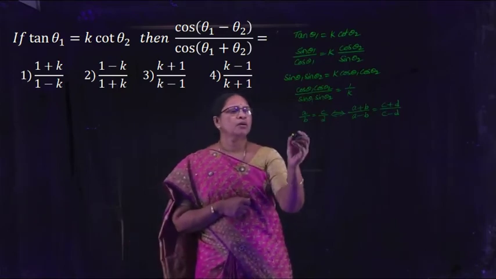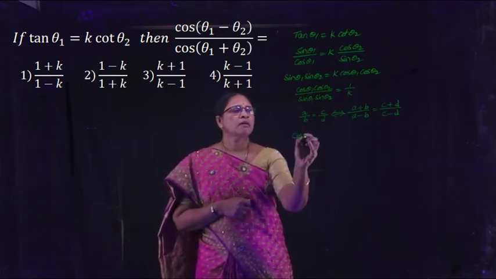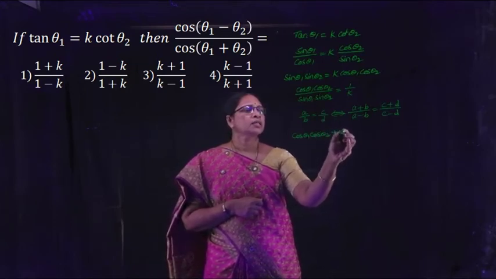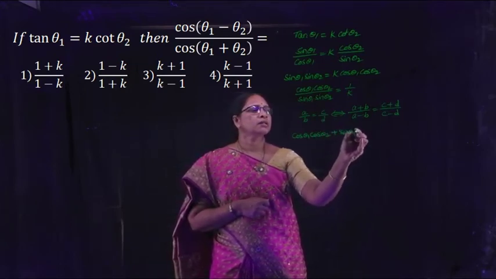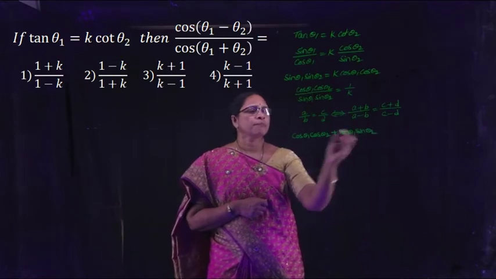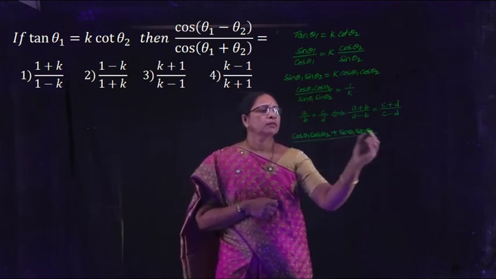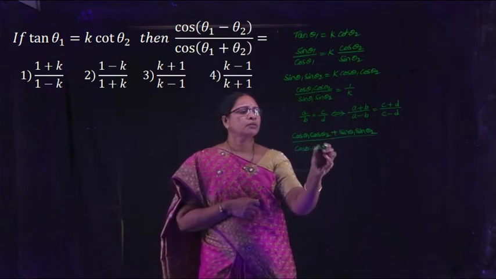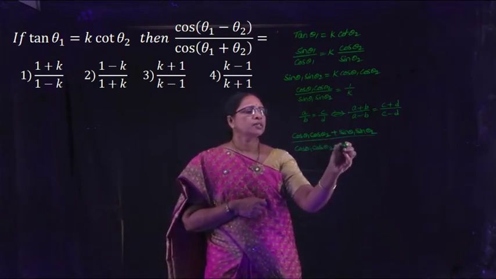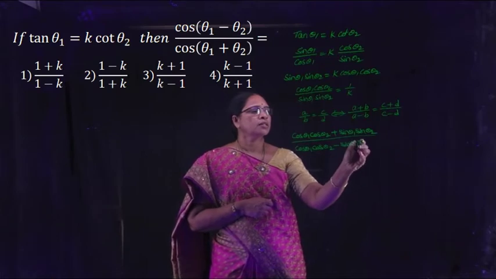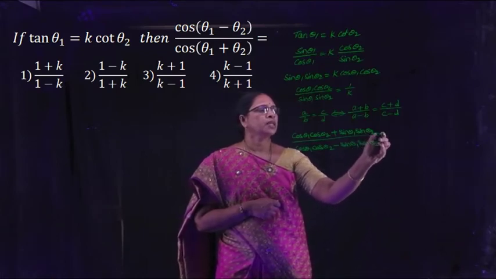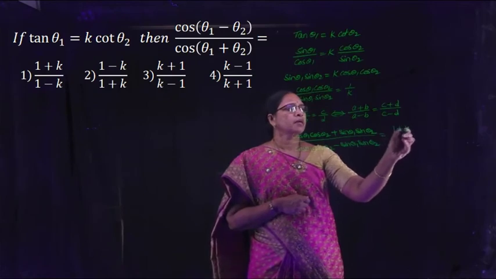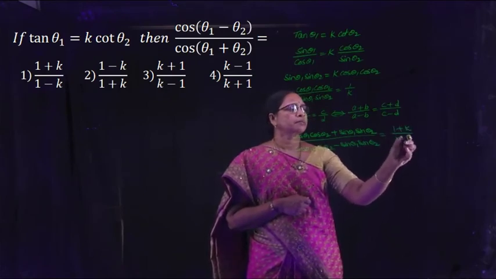Here we have cos theta 1 cos theta 2 plus sin theta 1 sin theta 2 by cos theta 1 cos theta 2 minus sin theta 1 sin theta 2 is equal to 1 plus k by 1 minus k.